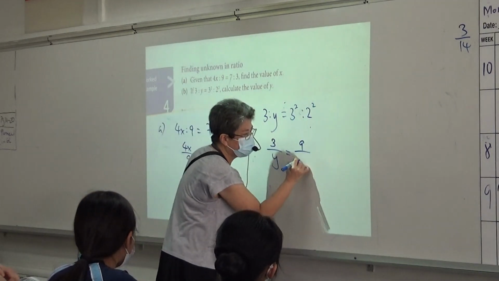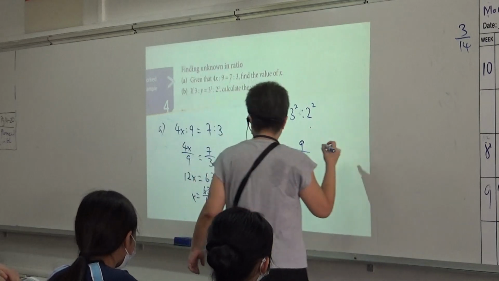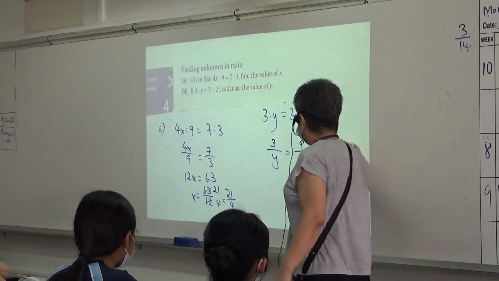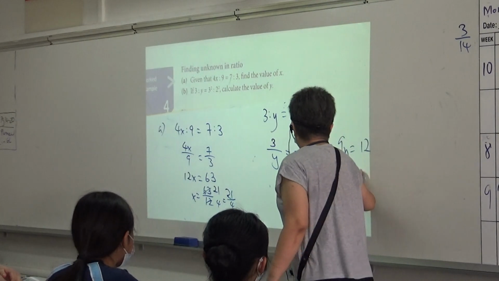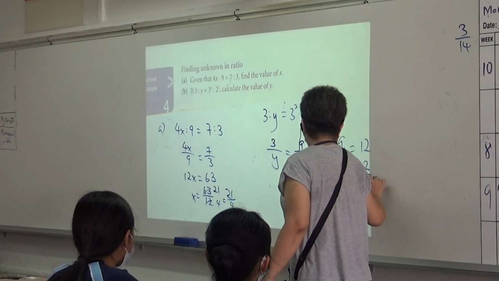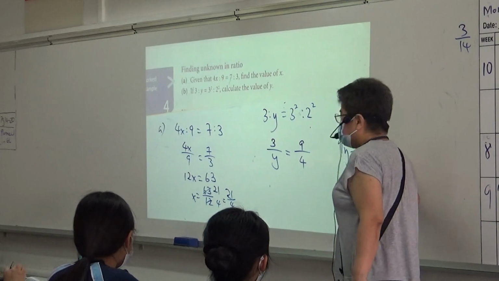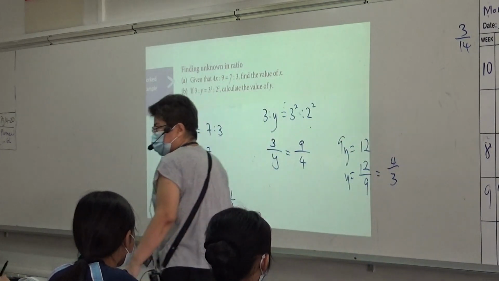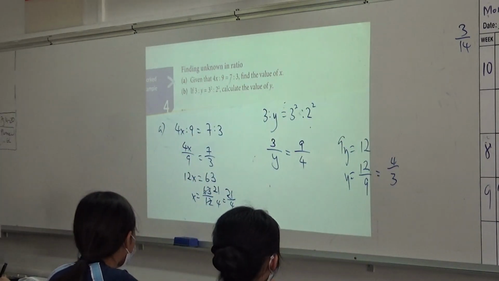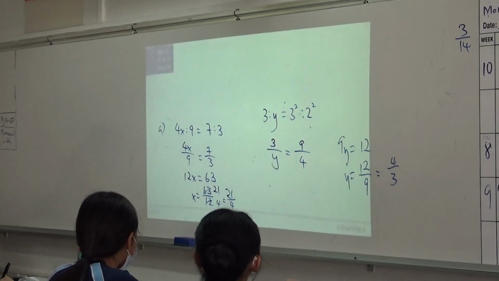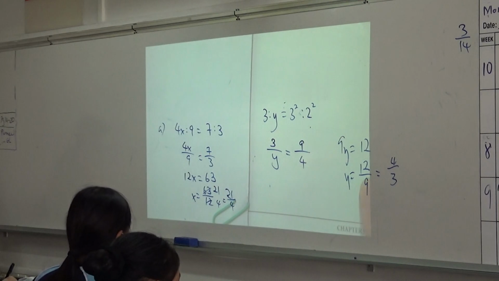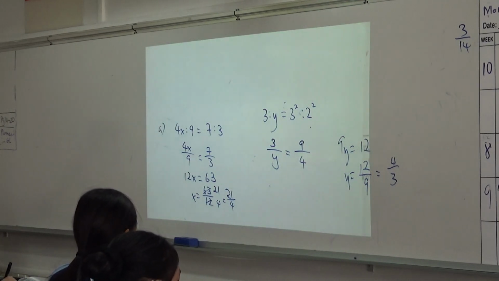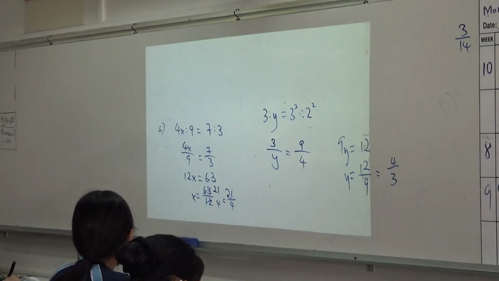What is 2 squared? 4. Can you see? I'll do cross multiplication again. 9y equals 12. y equals 12 over 9, which is 4 over 3. So y will be 4 over 3. Are we clear here? Yes or no? Yes, okay.